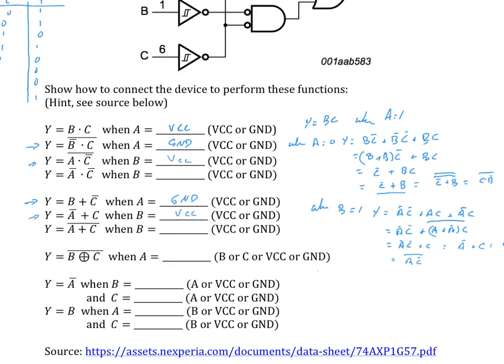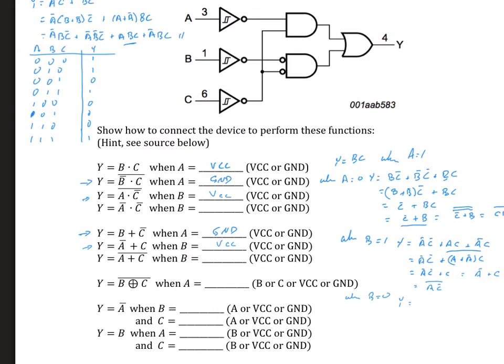Okay, now when B is equal to 0, let's see what happens. Y is going to be equal to, so we go back to our original expression up here, and when B is equal to 0, we get A bar C bar from here, and that's it.